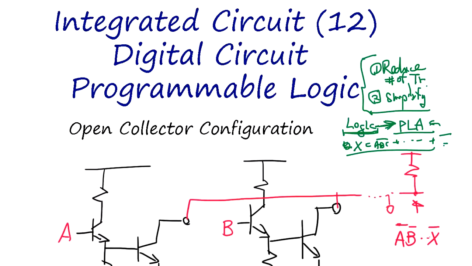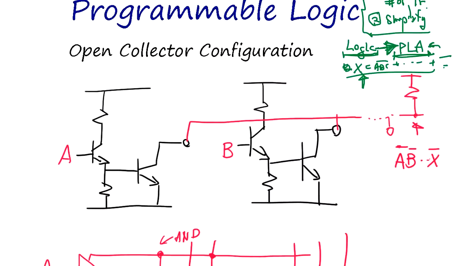It's very simple to realize this equation. So the task of designing an IC chip becomes more logic design, and the remaining process is software automation to produce the logic array programming. Then that will produce the desired logic chip.